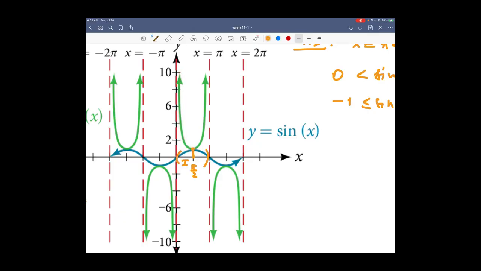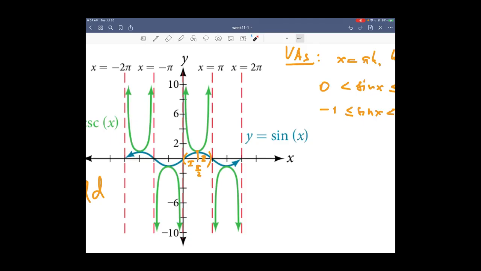And in the second quadrant, as sine is decreasing from 1 to positive 0, the reciprocal is increasing from 1 to positive infinity.